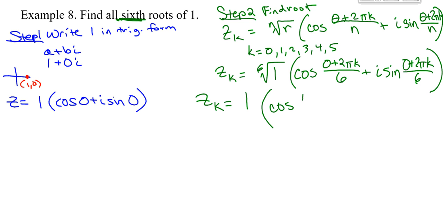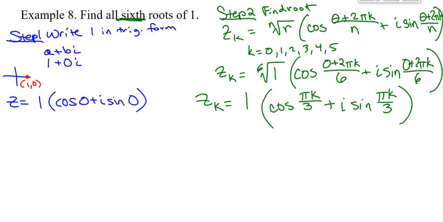So cosine of pi k over 3 plus i sine of pi k over 3. What's our reference angle going to be, do you suppose? Look at it again. Pi over 3. Our reference angle is going to be related to pi over 3. Does that make sense? That's how we're going to progress as we go.